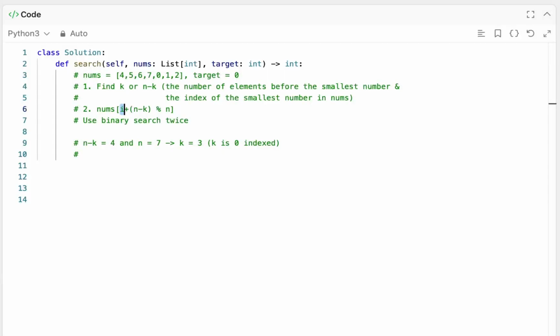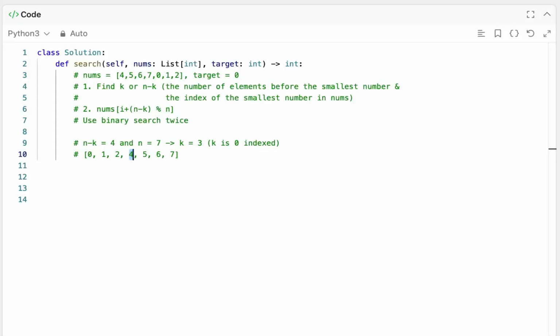So 3 plus 4, which means 1, 2, 3, 4. This is the middle. Am I right? 0, 1, 2. Let me put it this way. So there we go. We have 7 values here, 3 to the right, 3 to the left.